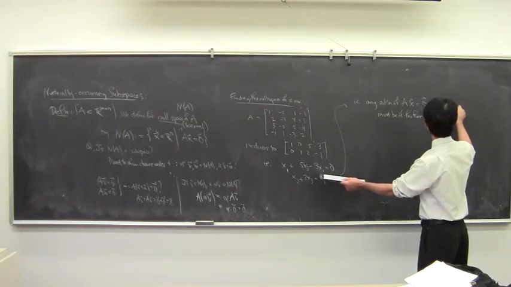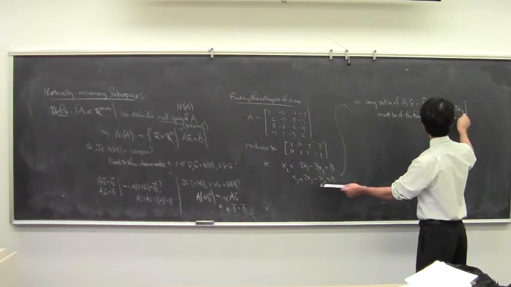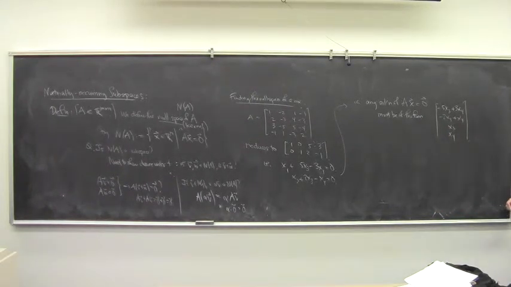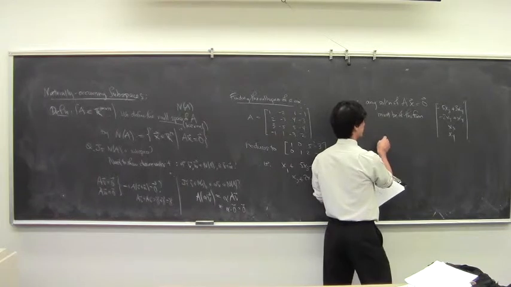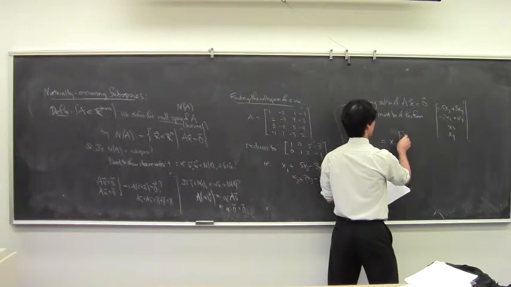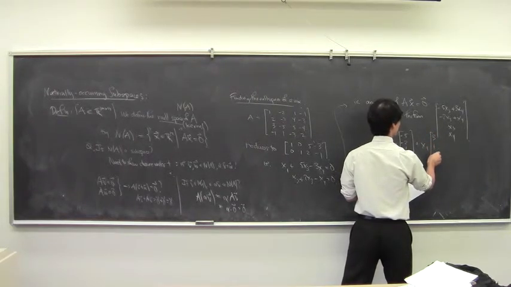-5x3 plus 3x4, -2x3 plus x4, x3, x4. Which we can write as x3 times (-5, -2, 1, 0) plus x4 times (3, 1, 0, 1).